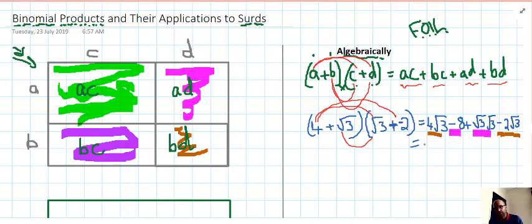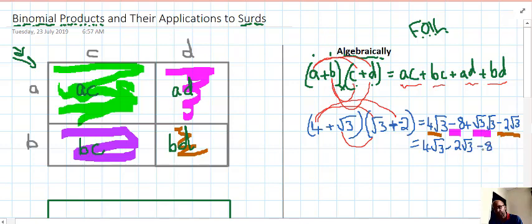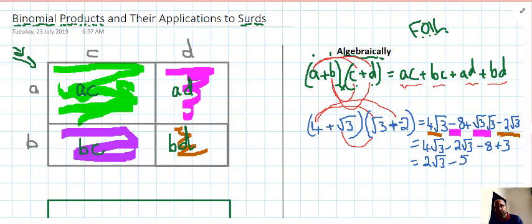So we have 4 root 3 minus 2 root 3, and we have minus 8. Now root 3 times root 3 is 3, because it's the square root of 3 squared. So we have 2 root 3. Now minus 8 plus 3 is minus 5. So we have 2 root 3 minus 5, and that's simplified.